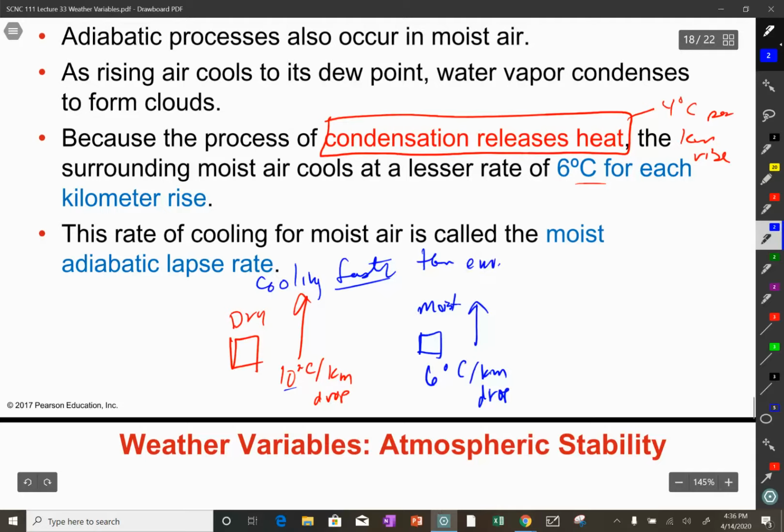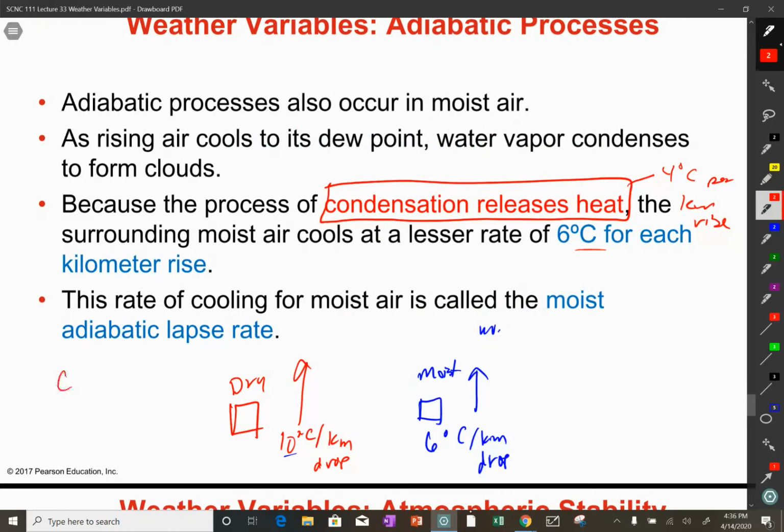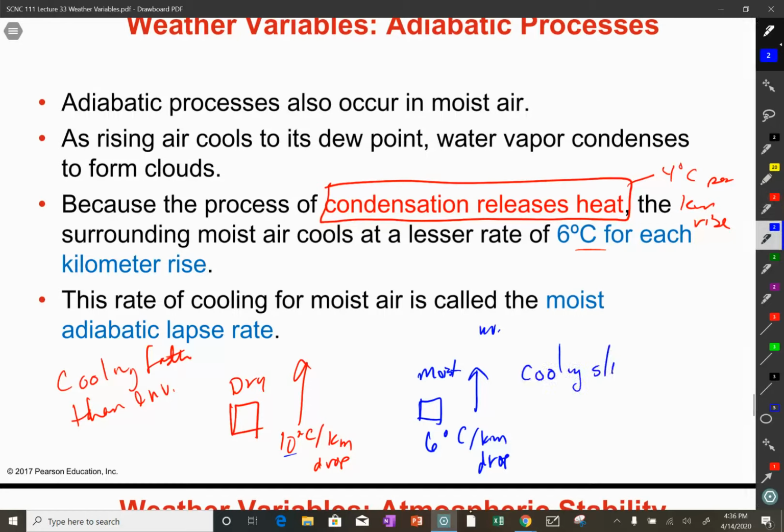But the moist air is cooling slightly less than the environment, because the environment was a 6.5 degrees Celsius per kilometer drop in temperature.